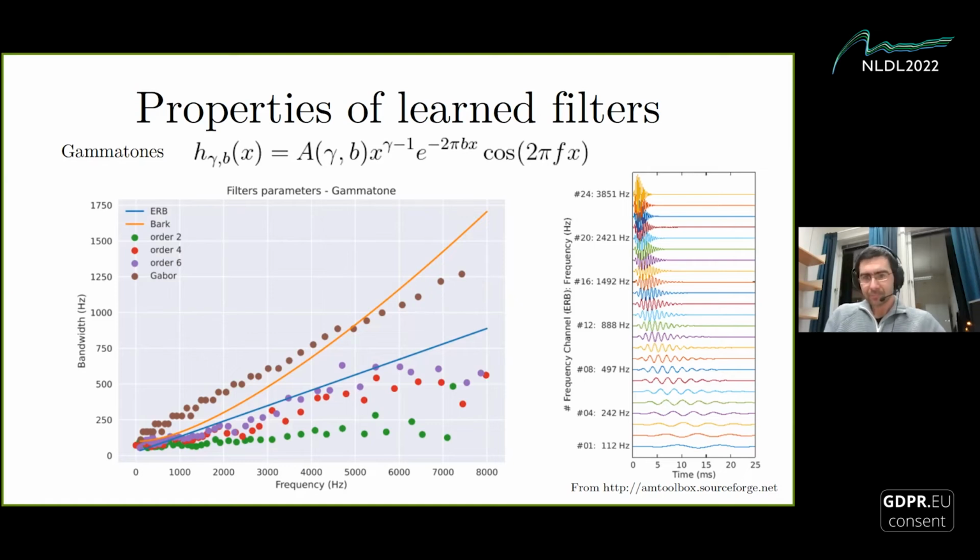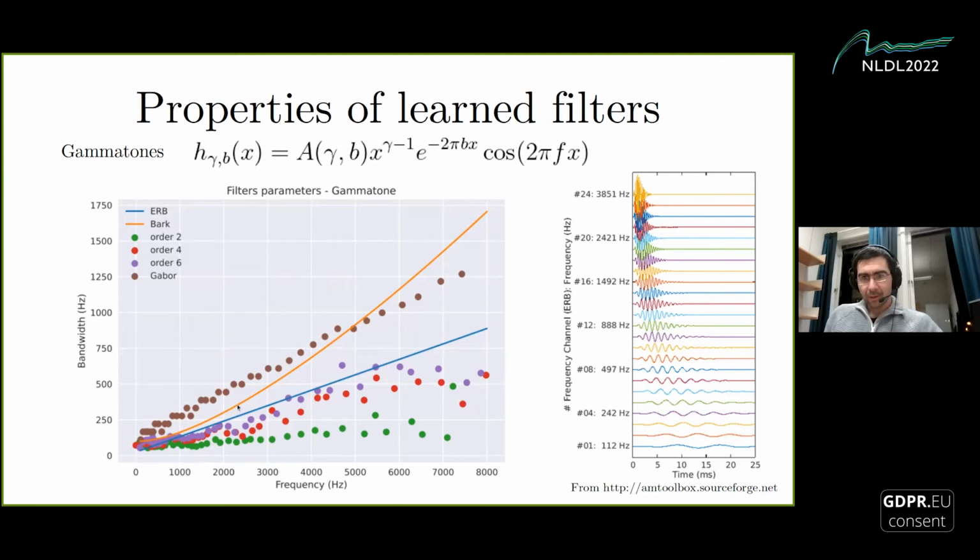If you look at the formula again, you have t to the power of some order, and that gives you an increase when you start from 0. Then you have this exponential that at some point will create a decay of the function. And you have this cosine part, which makes the oscillation. And you learn B and F.